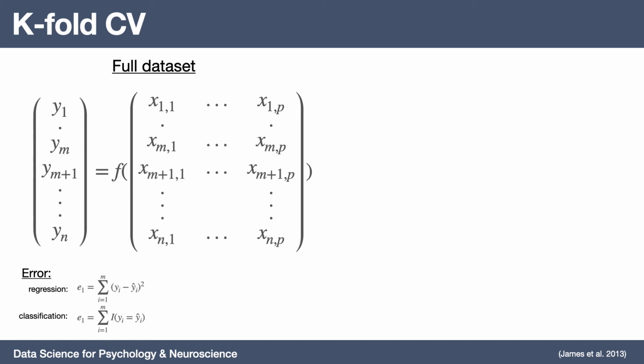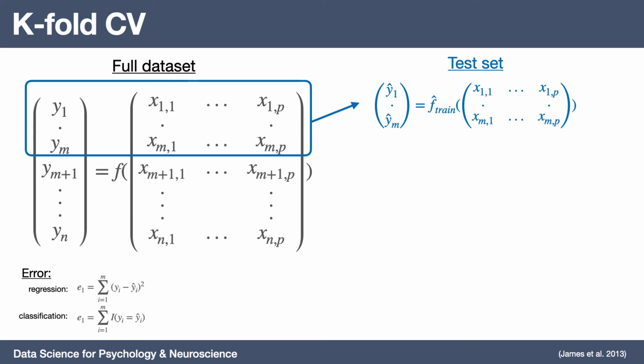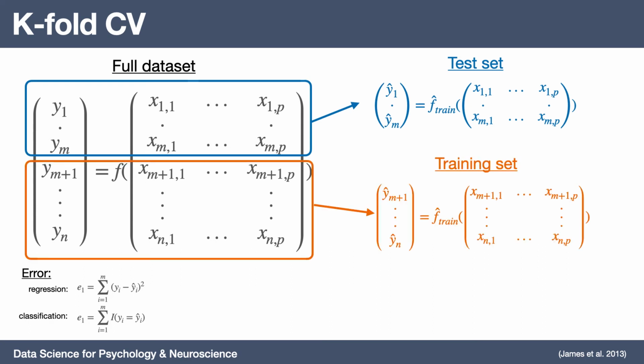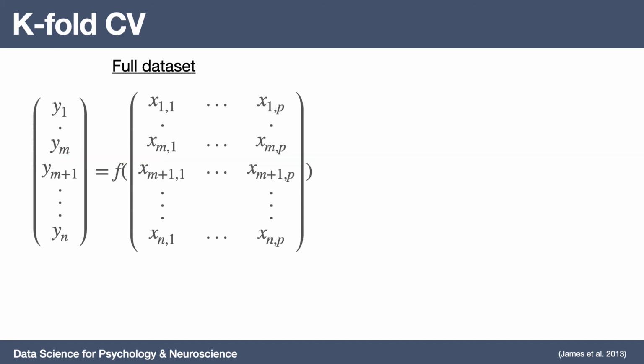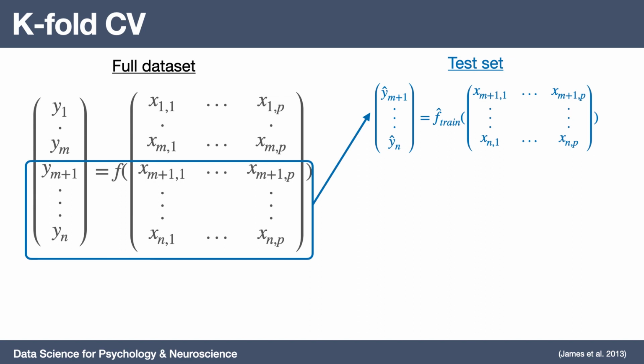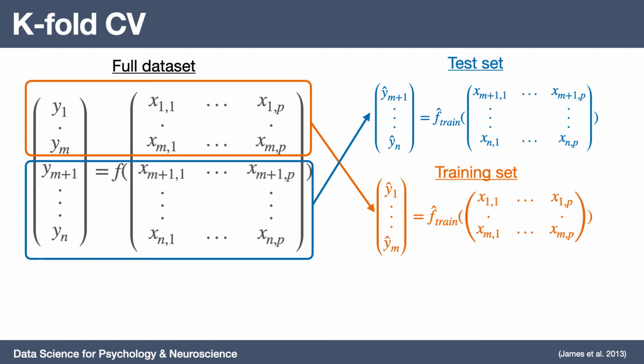So in a 2-fold cross-validation, I'll take the first half of my data set and set it aside as the test set, and then the second half becomes my training set. I'll calculate my errors from my model fits, and then I just do it again, but I flip it. So now what was the training set in my previous run, which we called a fold, becomes my test set in the second fold, and vice versa.